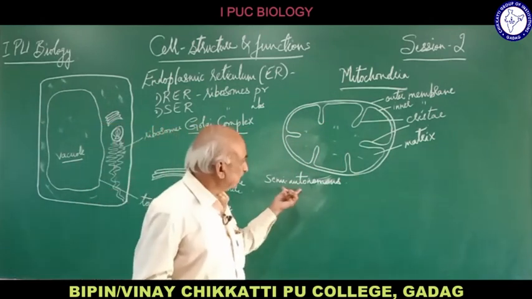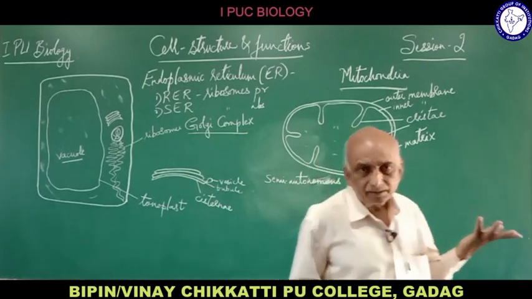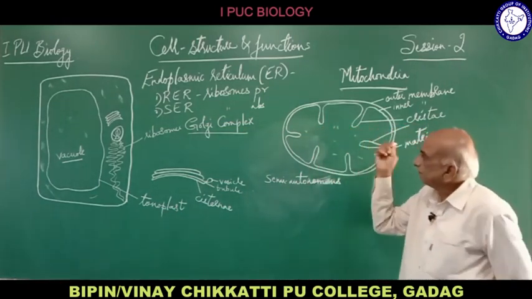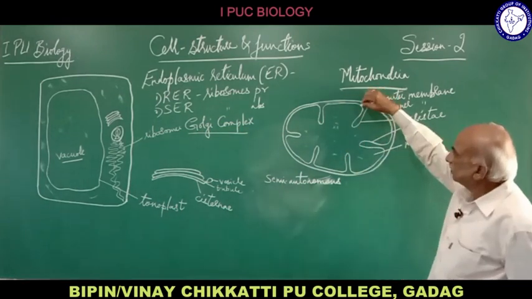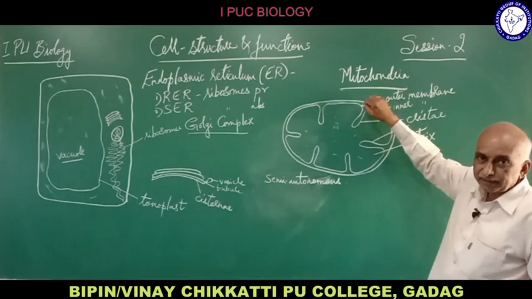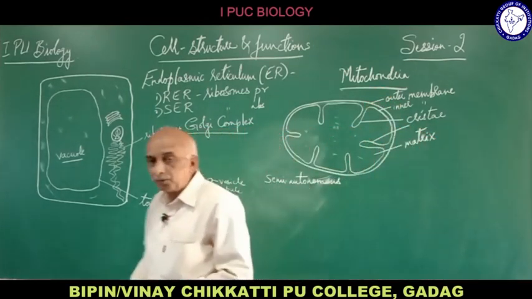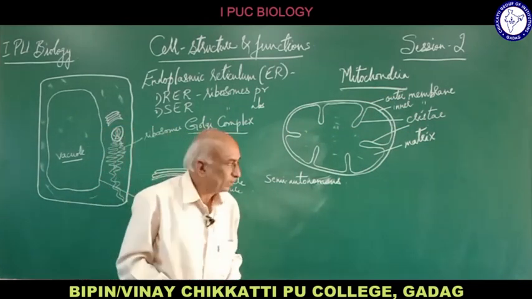That is why they are semi-autonomous. However, they require certain other materials, so they are not completely independent. So this is about the mitochondria: outer membrane, inner membrane, perimitochondrial space, cristae. Cristae are finger-like projections, folds, which project into the matrix of the mitochondrion.